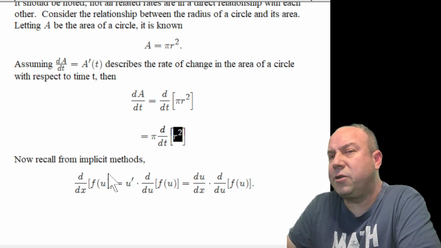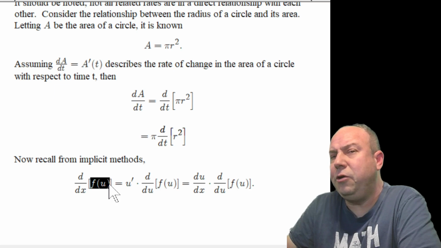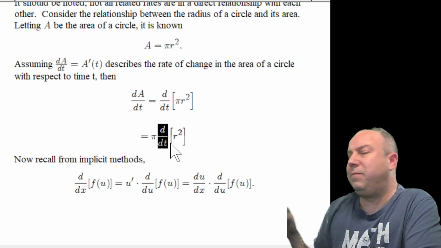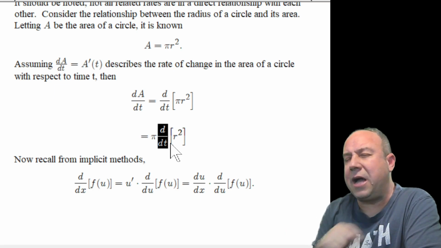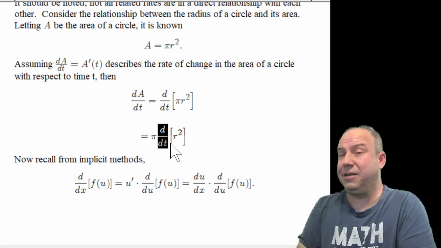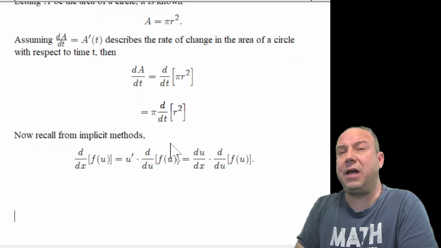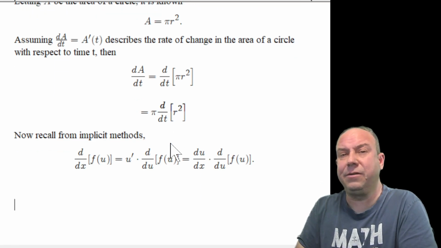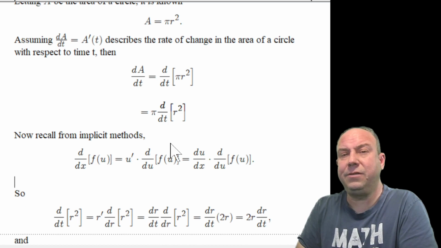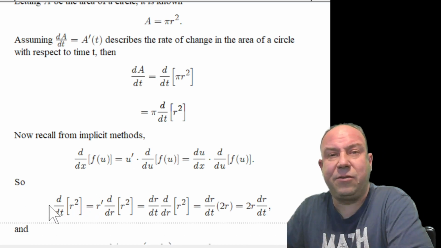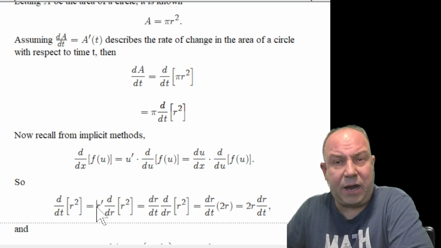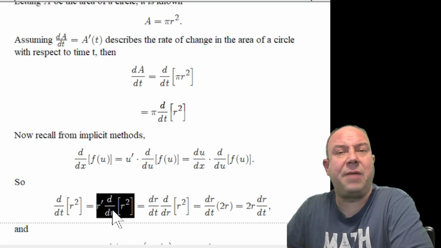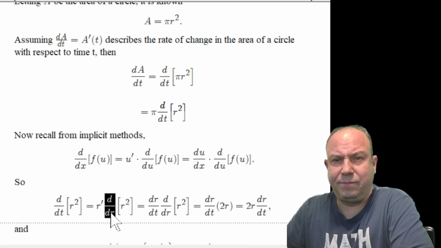Well, this r squared is our function of u. We're having the derivative operator applied to it with respect to t. So applying those implicit methods here, things do get a bit more elaborate. We have the derivative with respect to t for r squared, then must be r prime times dr. Careful there.